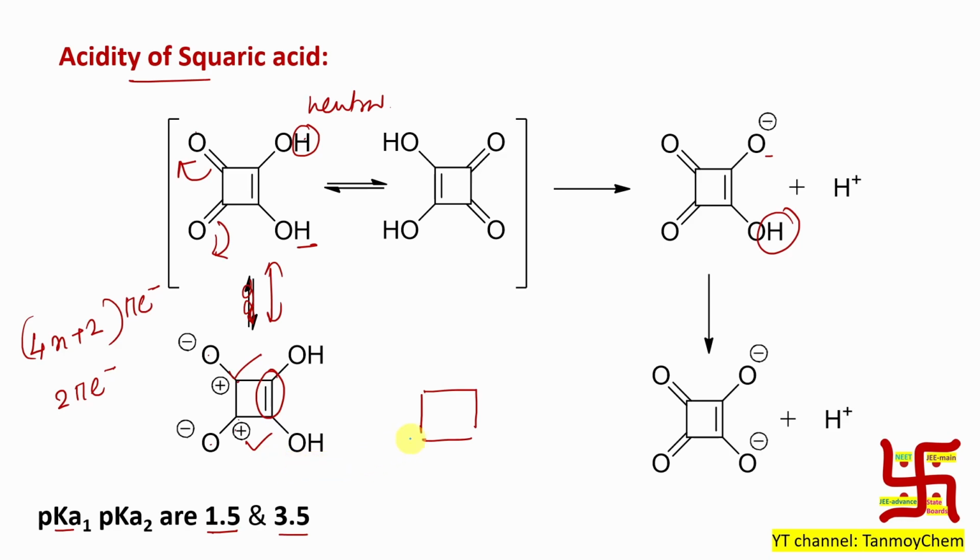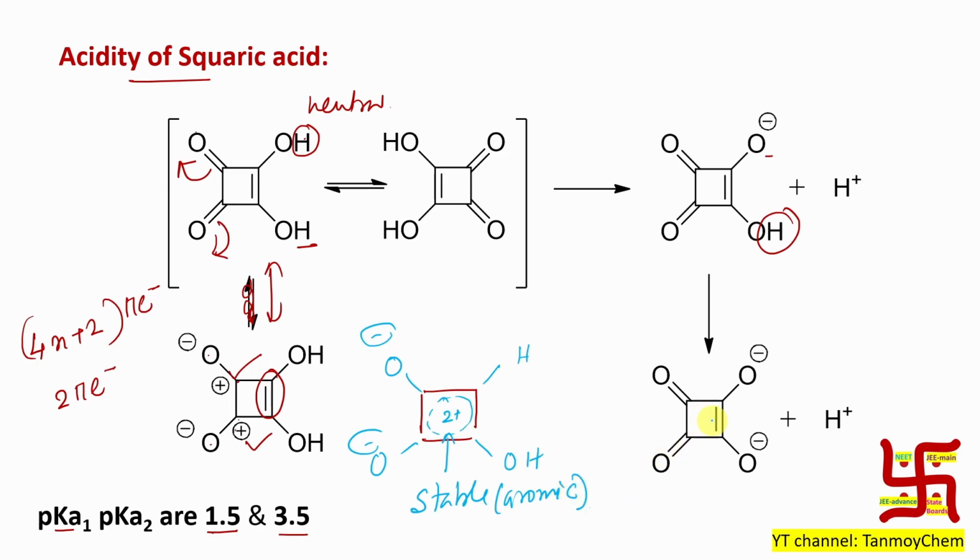So this ring is, student, actually aromatic, and you can write it is a cyclobutadienyl dication. So that is squaric acid's 4-member ring. This is actually the uniqueness. So you can understand this part is stable because it is aromatic. So that's why it shows higher stability.